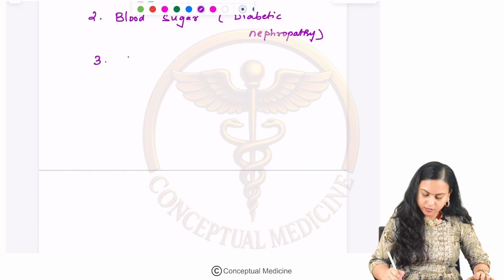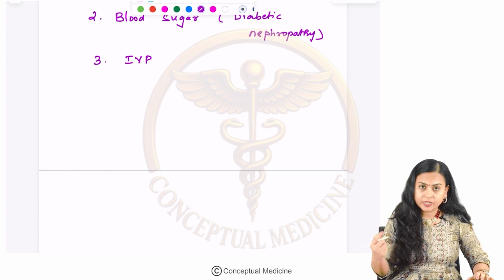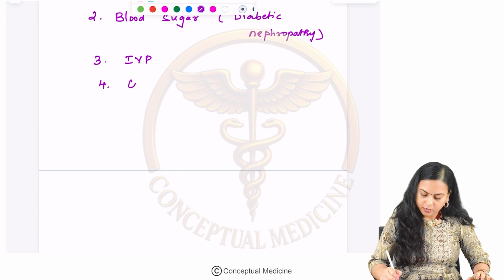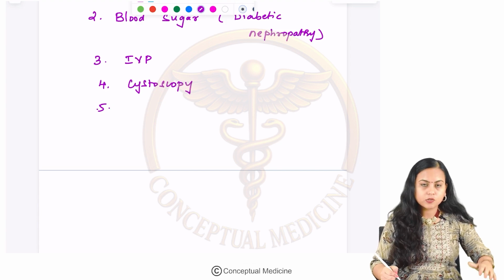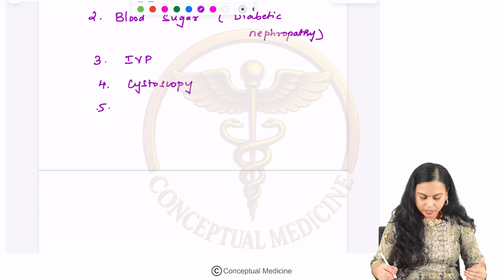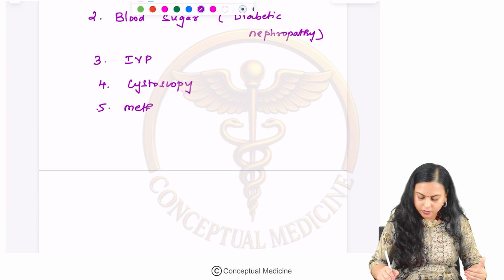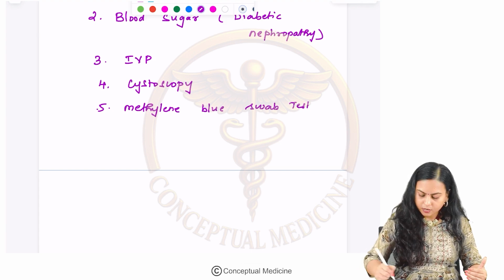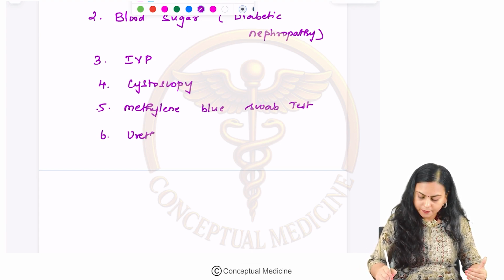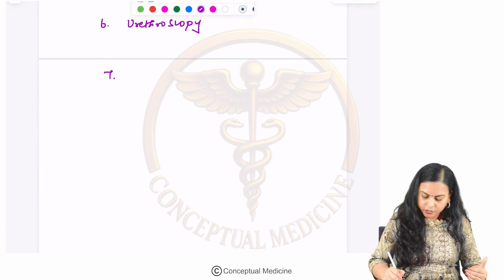Then you have to offer them intravenous pyelography, cystoscopy, just like endoscopy to visualize the bladder. Then you can even offer them a methylene blue swab test, urethroscopy, a micturition cystourethrography.